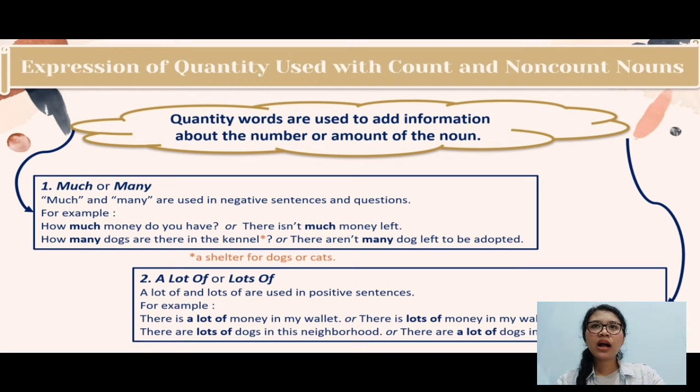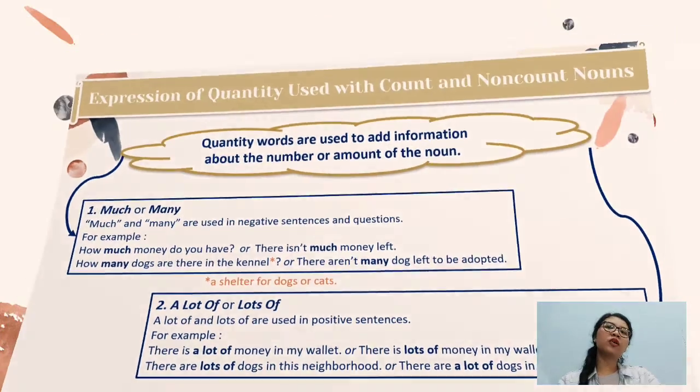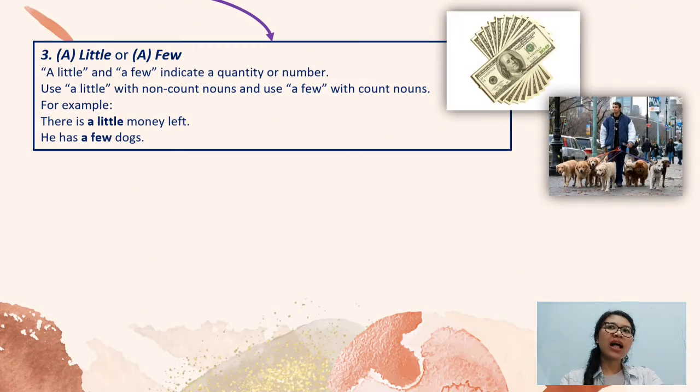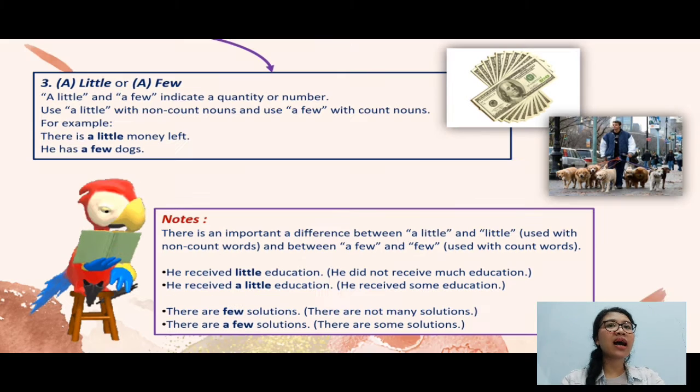And then the third is about a little or a few. A little and a few indicate a quantity or a number. Use a little with non-count nouns and use a few with count nouns. For example, there is a little money left, and he has a few dogs.